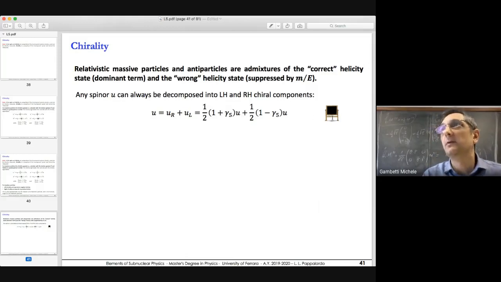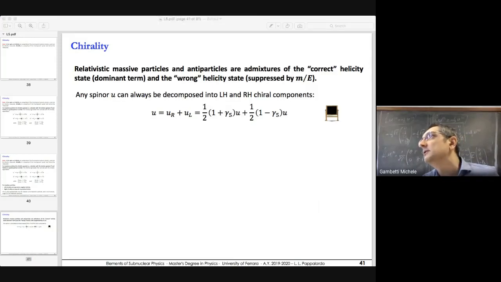Let's now make use of this relation to see how helicity conservation affects the vector current that we defined last time. So let me switch again to the blackboard.